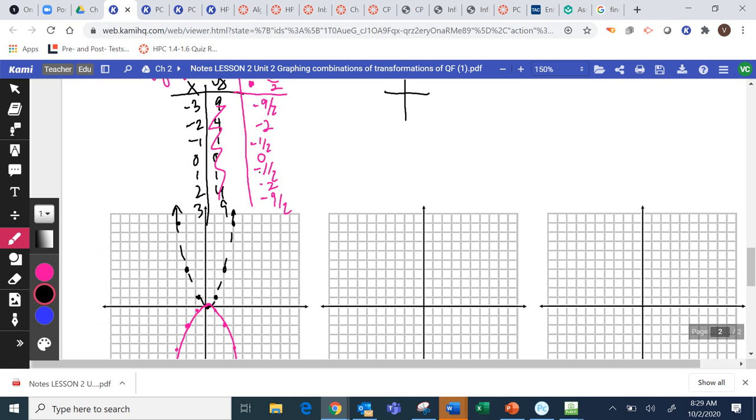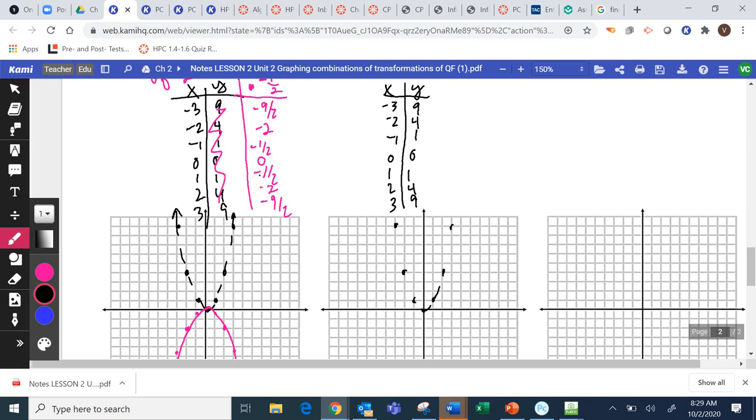So create that table. Plot those parent function points.